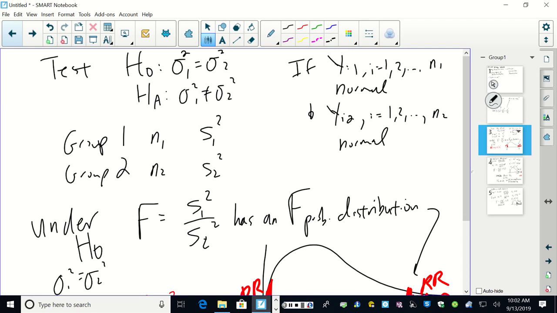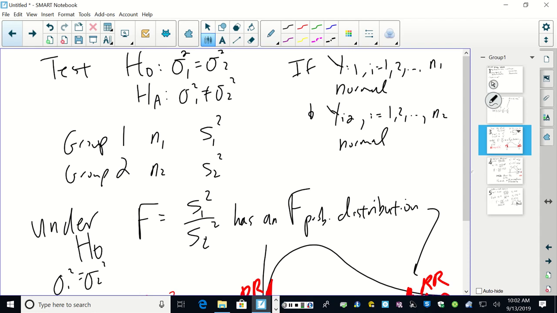But if this is not true, then again this test might not be that useful. It could be influenced by high skewness or outliers, and so maybe it would produce a significant result just because one or two points are sticking out really high that make one of these values really big, and it's not making that good of a decision.